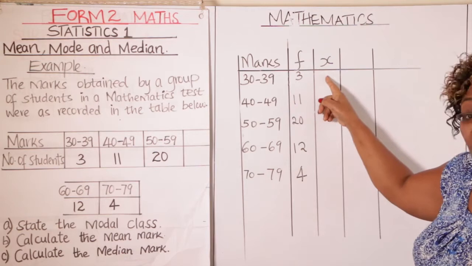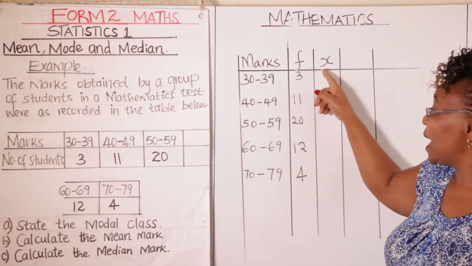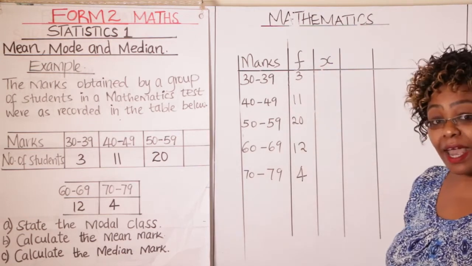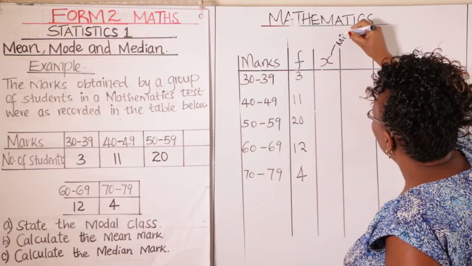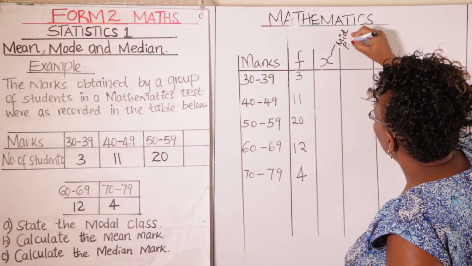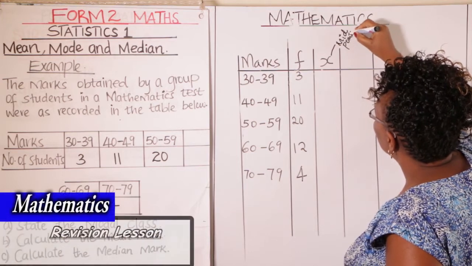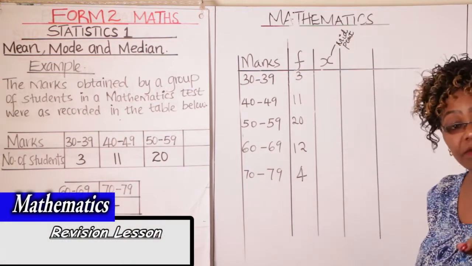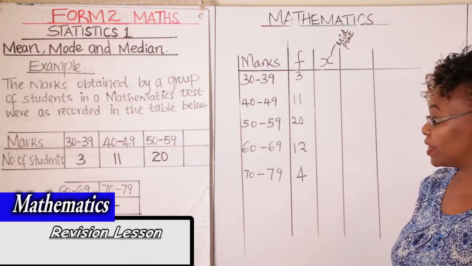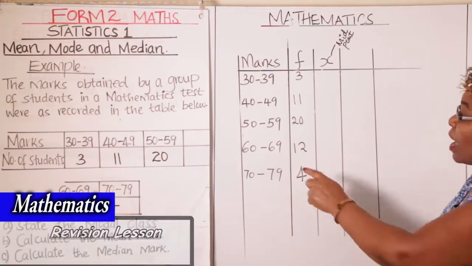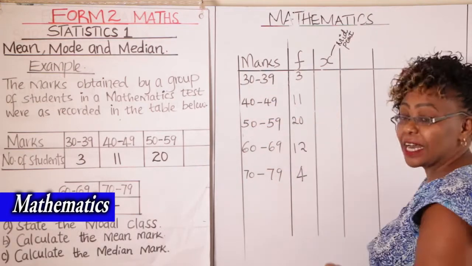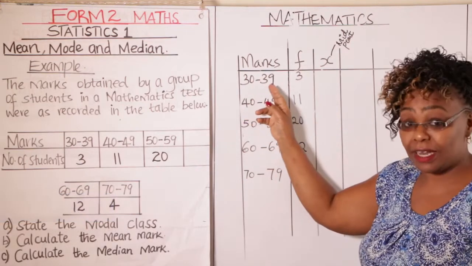Then, the third column, you put what we call X. What is your X? X refers to the midpoint of the classes. And therefore, let us fill this column here. How do you get the midpoint of this class, 30 to 39, learner?